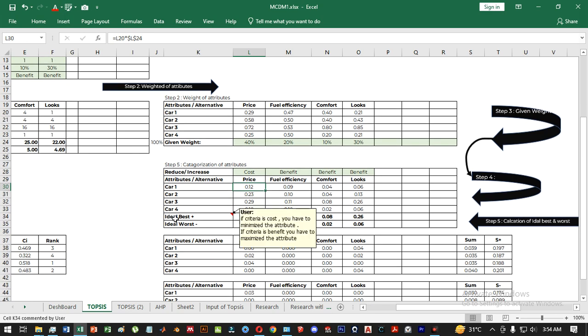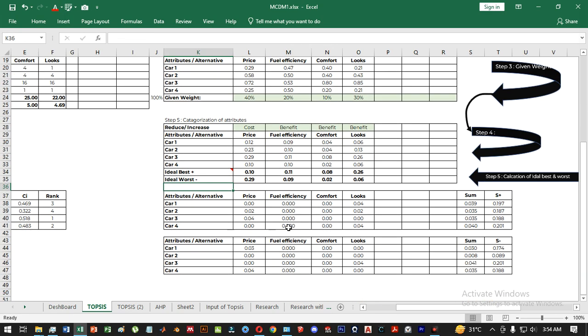After getting the ideal best and the ideal worst, we move to the next step, the calculation of the sum of S1 and S2, where we sum all the values here. And how can we get these values?